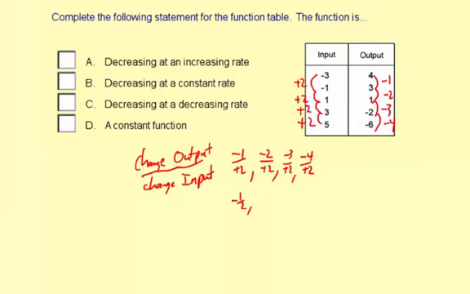Then we have -2 divided by +2, which is -1. -3 divided by +2, that's -1.5. And then -4 divided by 2 is -2. So you can see that the rate of change is increasing. So this is an increasing rate.